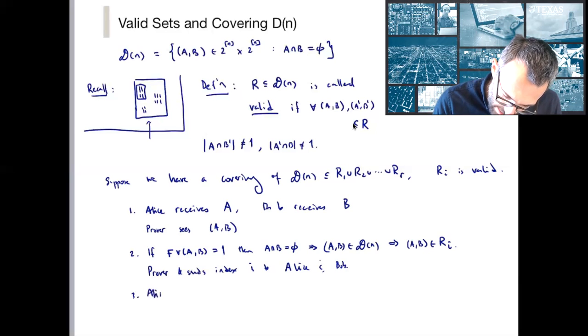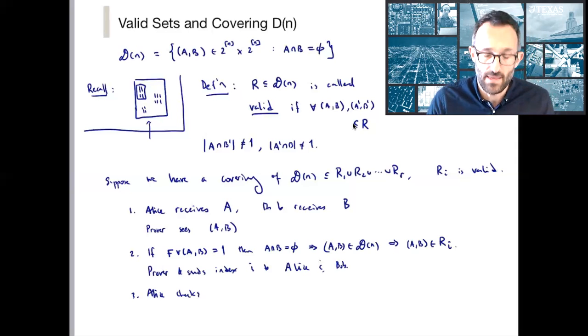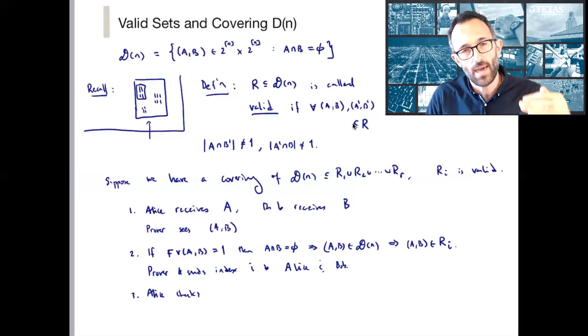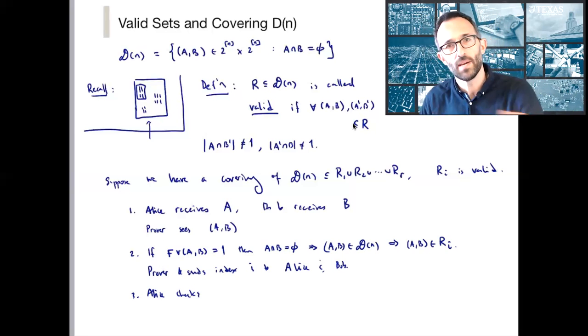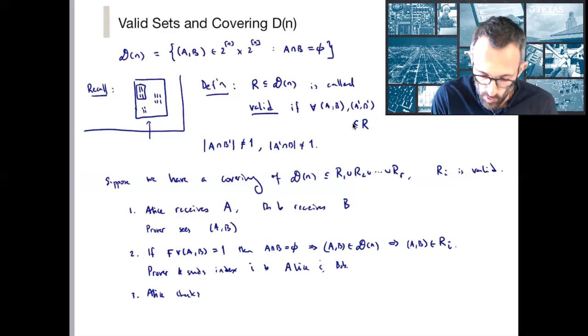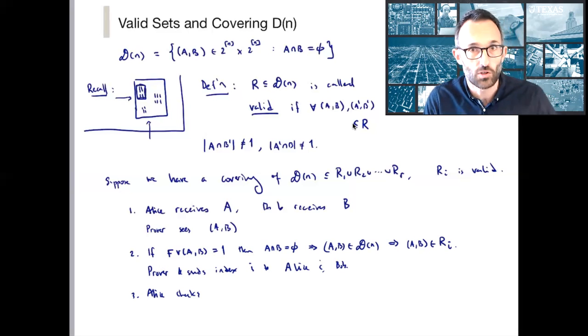So Alice checks. Alice has A. So Alice checks whether A, her row of the matrix, corresponds to some element of the cover, the same way that Alice would check if her row corresponds to one of these blocks.